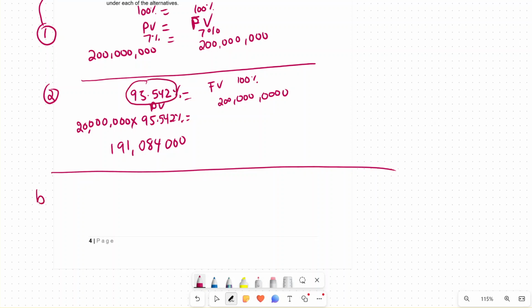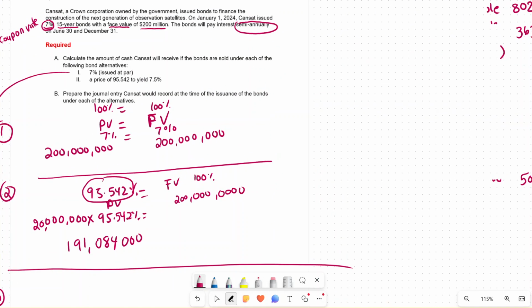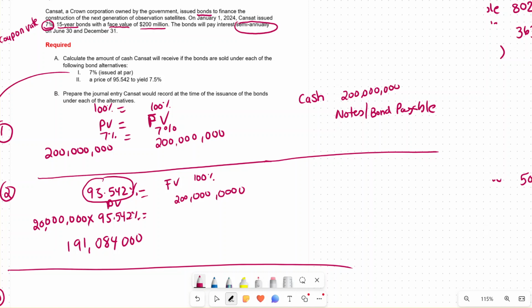And how do I do a journal entry for each one? If I were to do a journal entry, I'm issuing a bond, so it's a bond payable or a note payable. Either one is correct. You could say note, or you can say bond payable. It will be your 200 million. We record the bond at the present value, whatever present value we calculated.